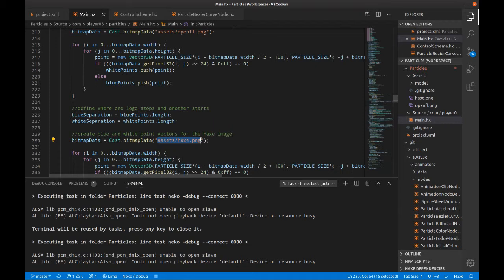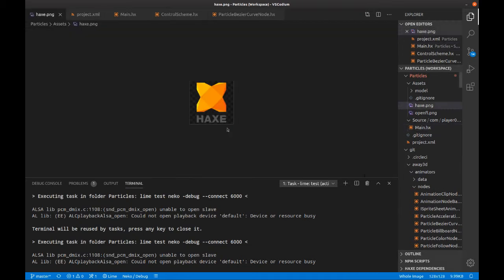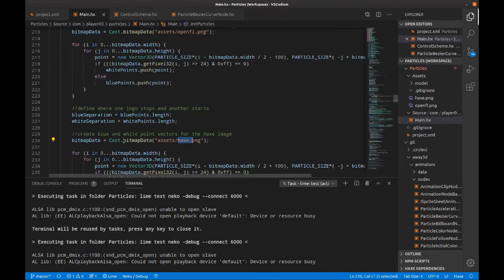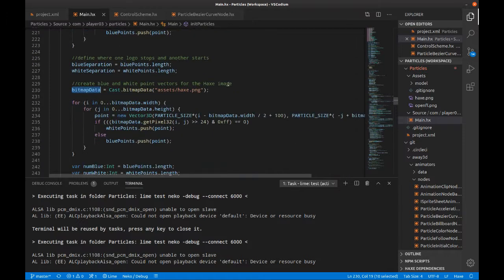Oh hey, hacks.png. That's this one. It loads up this very image, and creates blue and white point vectors for the Hacks image.